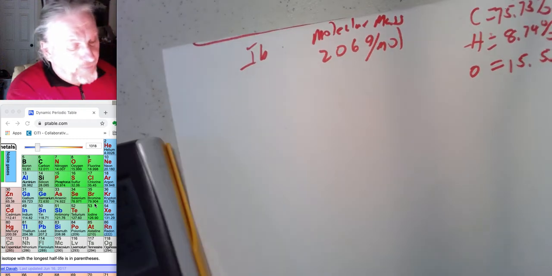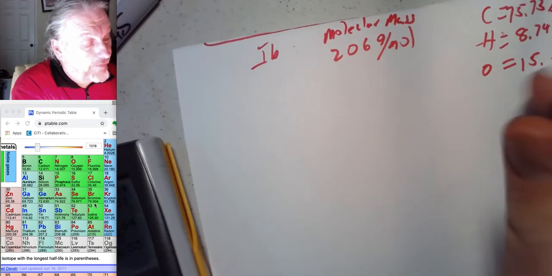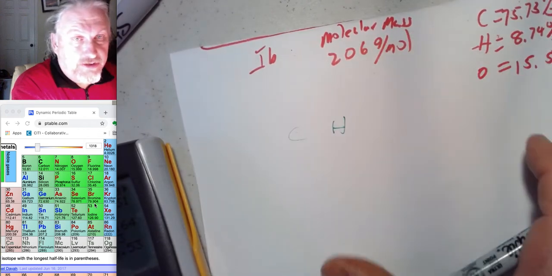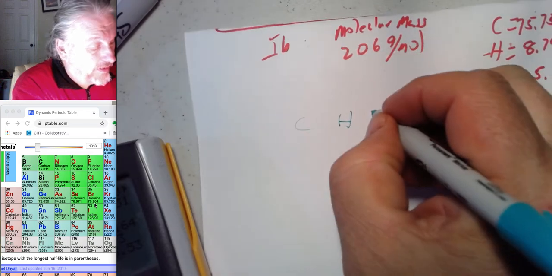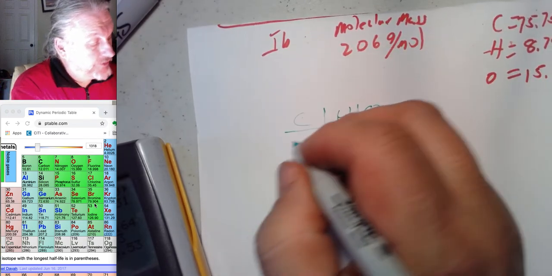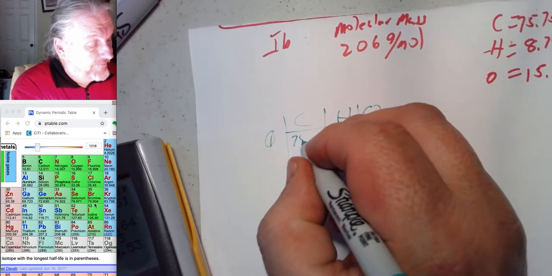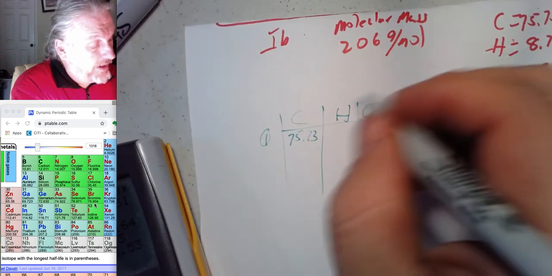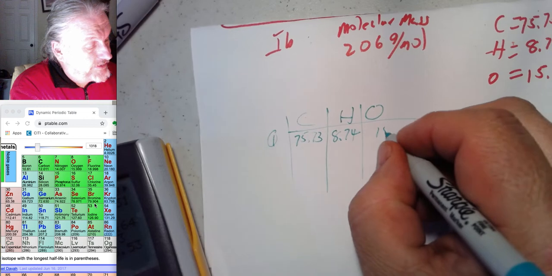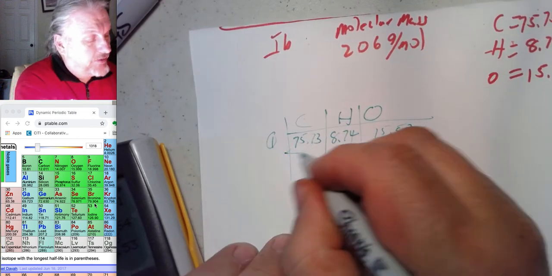So, knowing what we've got, now we can actually work it. Let's do our table. C, H, and O. All right, so let's put our masses in there. 75.73, hydrogen 8.74, oxygen 15.53, and right now we just made those grams.